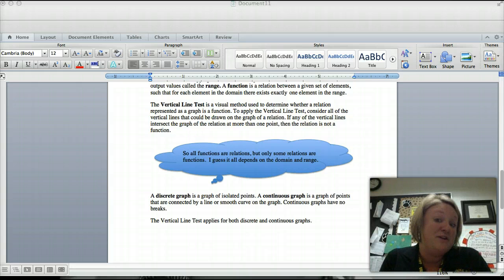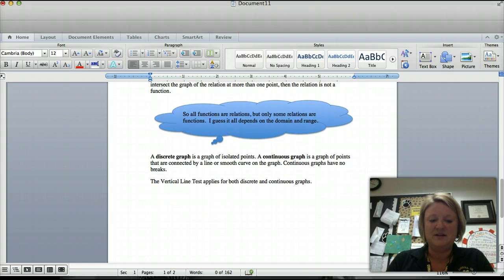One thing that I want you to ponder, and you may even want to pull up Google and do a little Google search: are all functions relations? Are all relations functions? So in this thought bubble here I have, all functions are relations, but only some relations are functions? I guess it all depends on the domain and range.